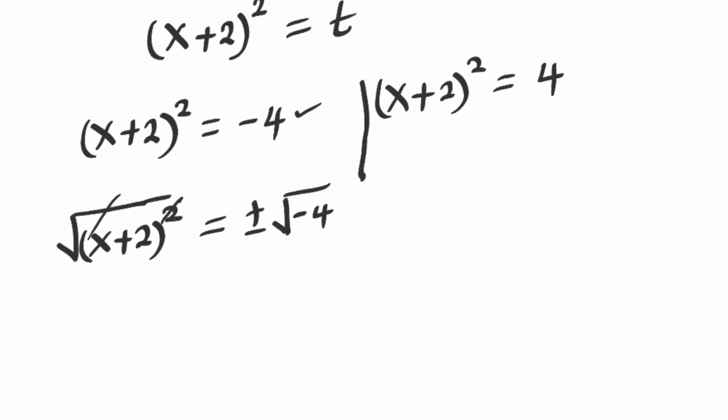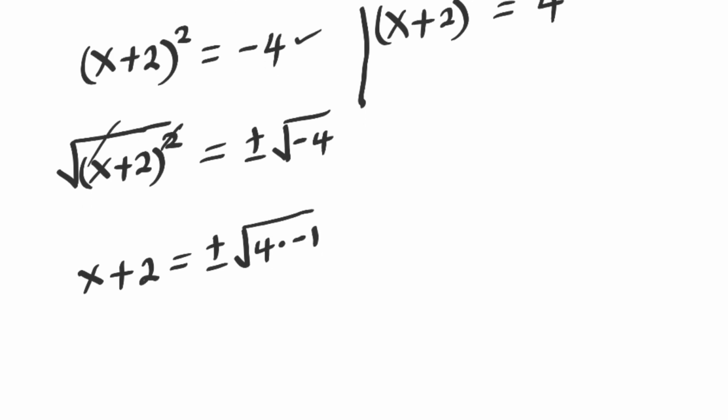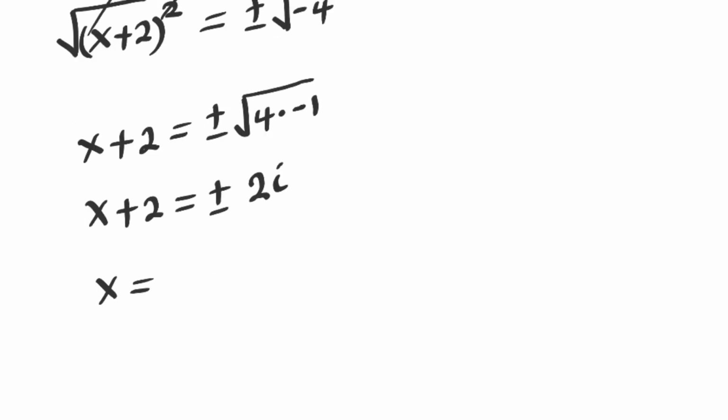This cancels this. x + 2 is equal to plus or minus square root of 4 multiplied by negative 1. x + 2 is equal to plus or minus square root of 4 is 2, square root of negative 1 is i, 2i. x is equal to plus or minus 2i minus 2.